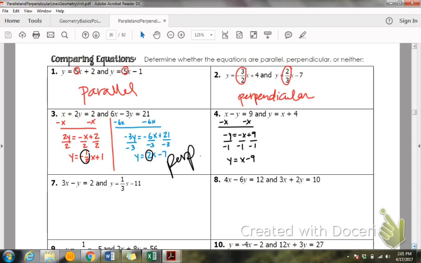So we get y equals x minus 9. This one is already in the slope-intercept form. So our x value here is 1. And this x value here is also 1. So these two lines are going to be parallel.